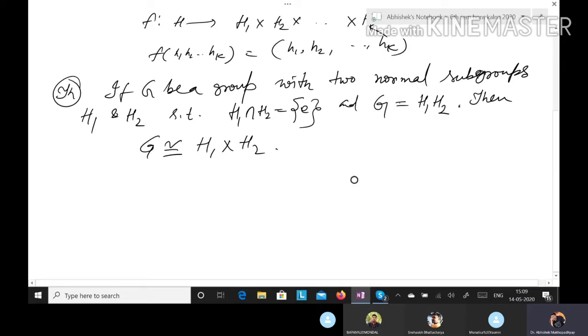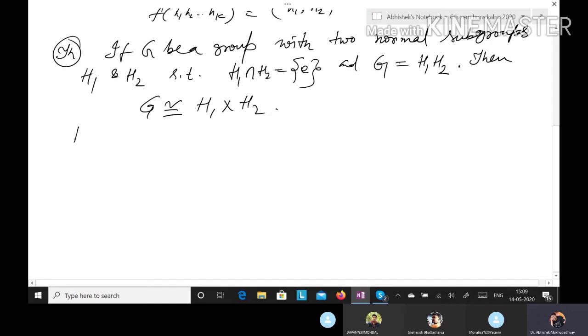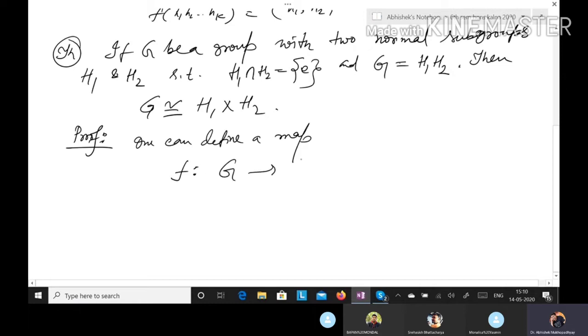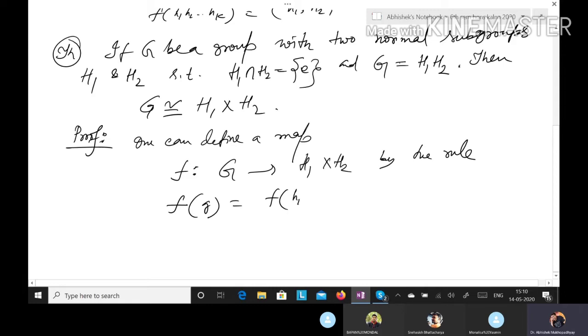So what would be the proof? One can define a map F: G to H1 cross H2 by the rule F of g. But what is g? g can be written as a product of H1 and H2.